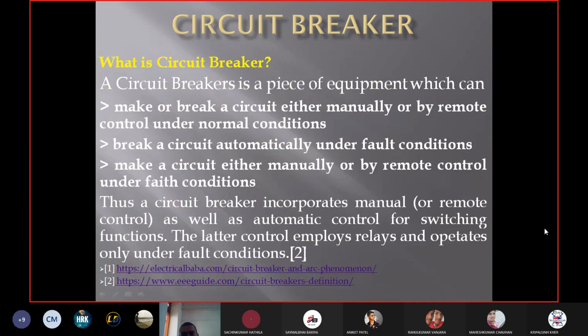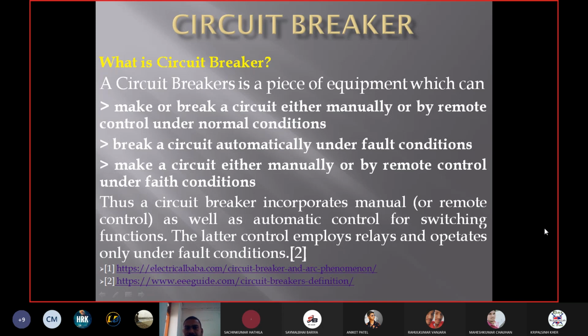A circuit breaker is a piece of equipment which can make or break a circuit either manually or by remote control under normal condition. Normal condition means there is no fault. We assume that we have two conditions, faulty and normal. In normal conditions, we can make or break the circuit manually as well as by remote control.